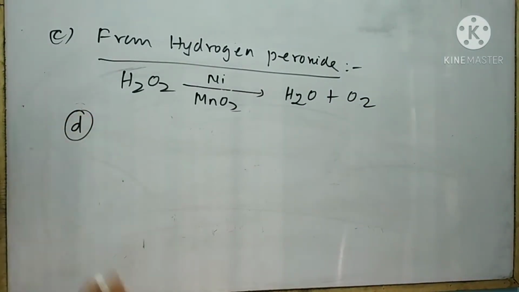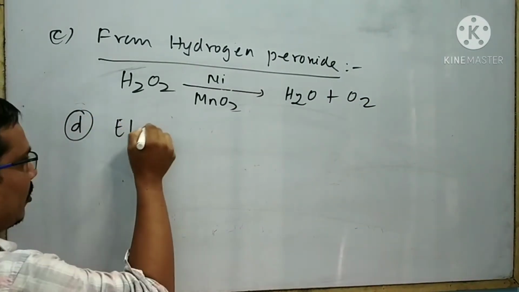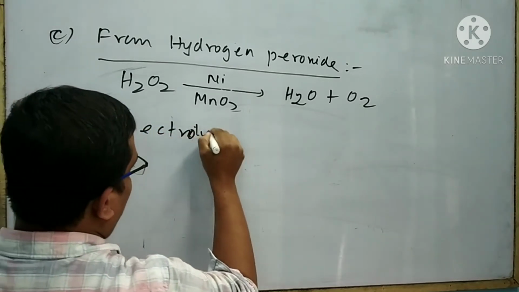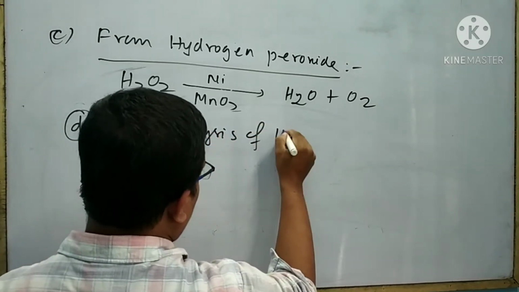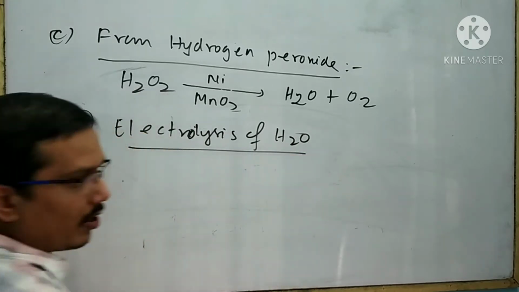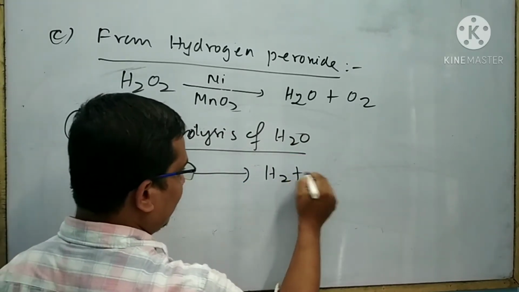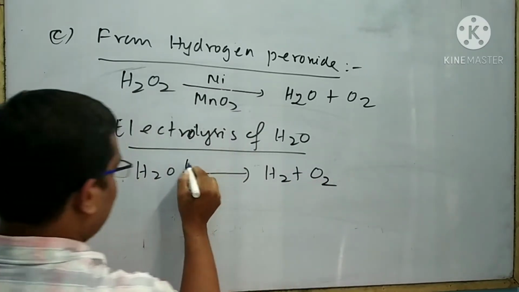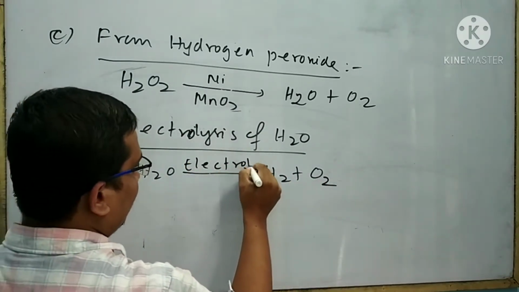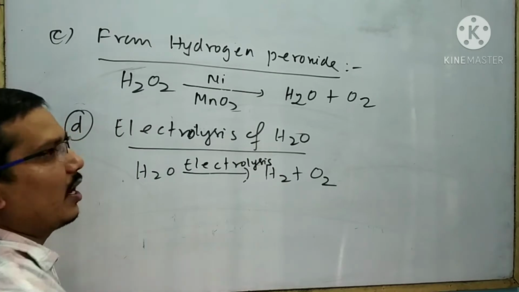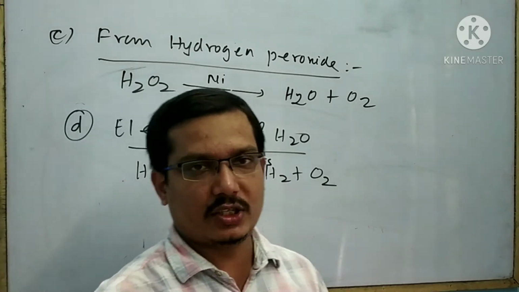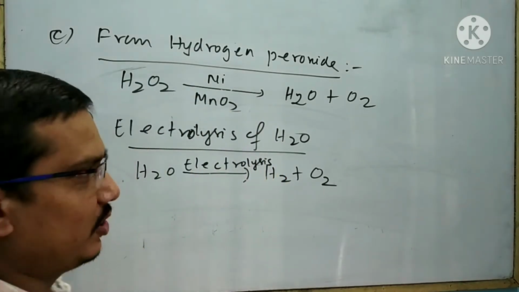The next laboratory method of preparation is electrolysis of water. When water undergoes electrolysis, hydrogen and dioxygen are formed. This is all about the laboratory methods of preparation of dioxygen.